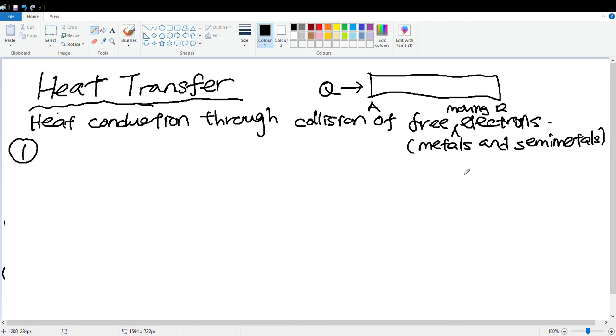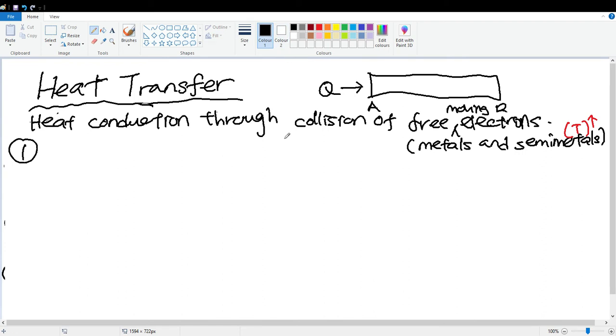Insulators, which are non-metals, have negligible free moving electrons. As a note, the temperature of the surrounding should be higher, and we will discuss this in the coming parts.